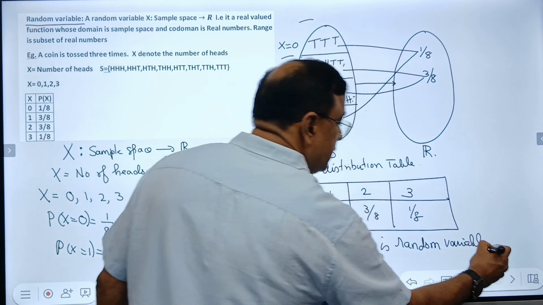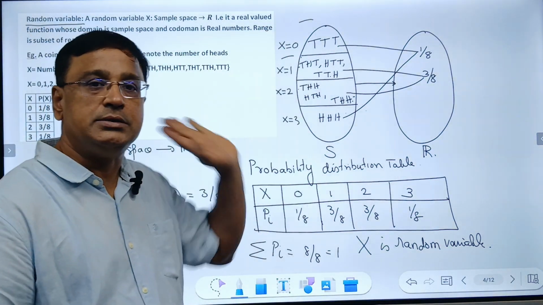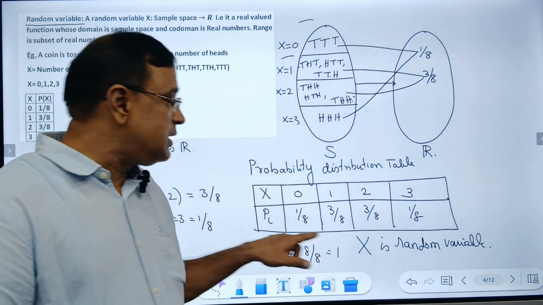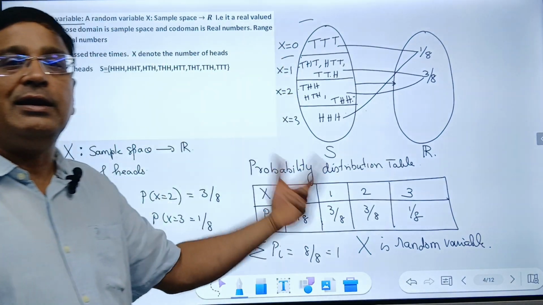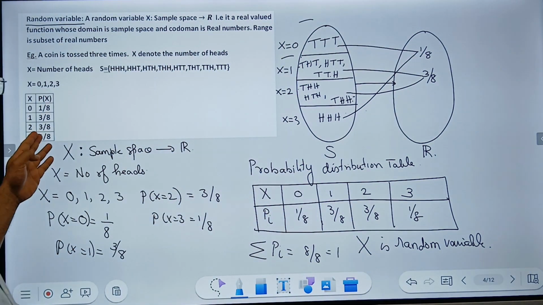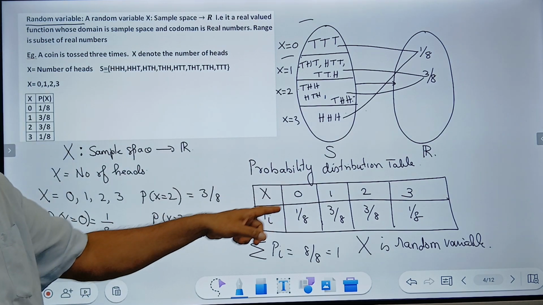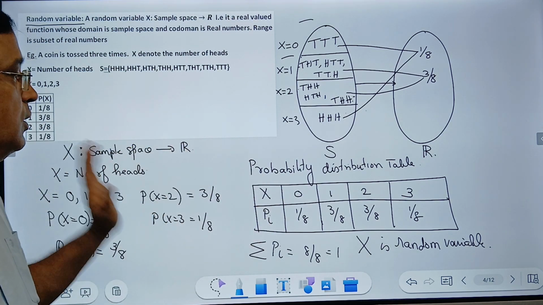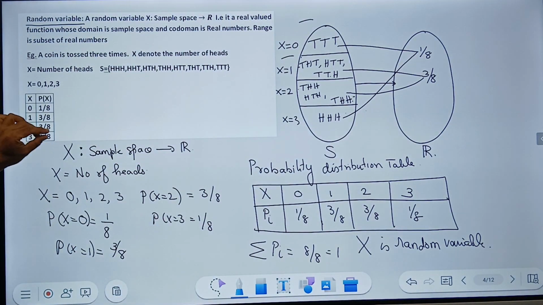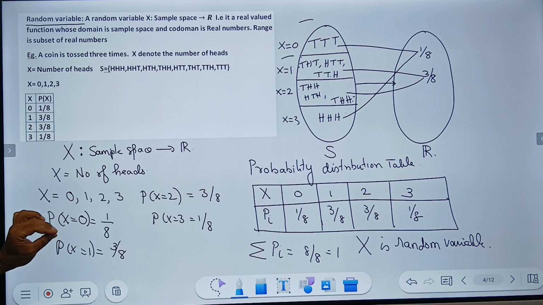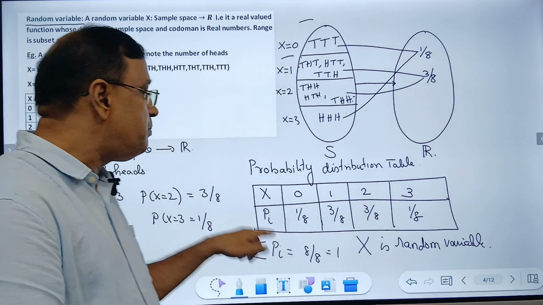This is an indication that you have not left out any element in the sample space. Suppose sigma pi is not 1, then this x is not a random variable. That means it is not a function that has taken all the elements in the sample space to a real number. Something is wrong. So if you have to prove it's a random variable, then sigma pi must be 1.